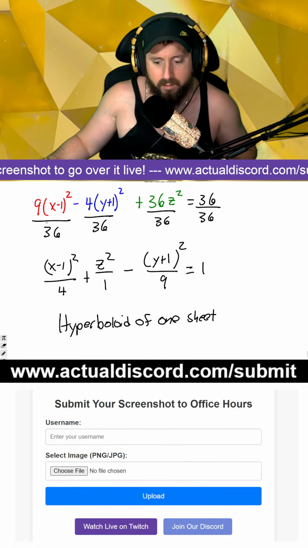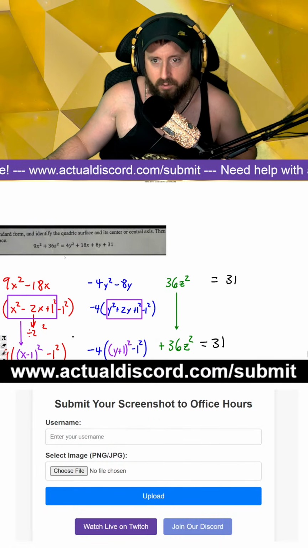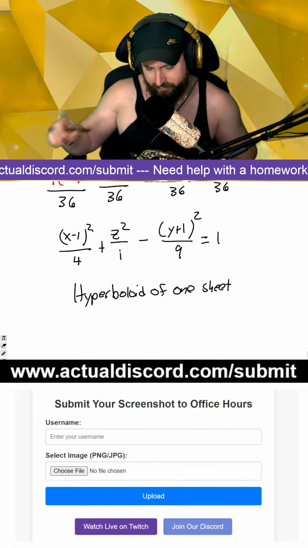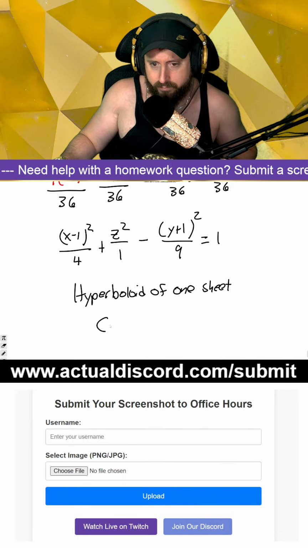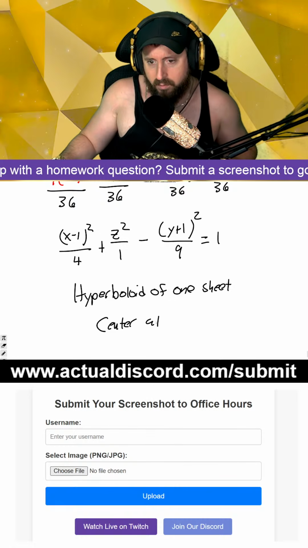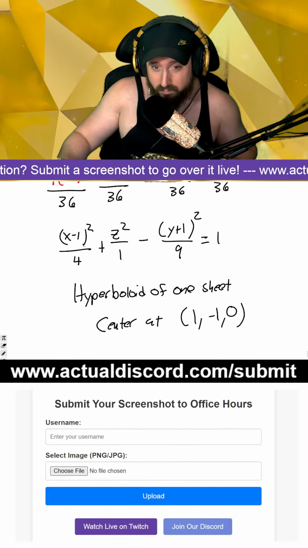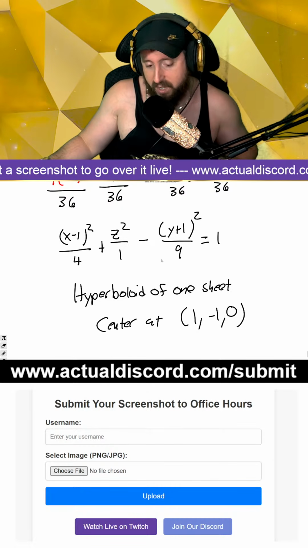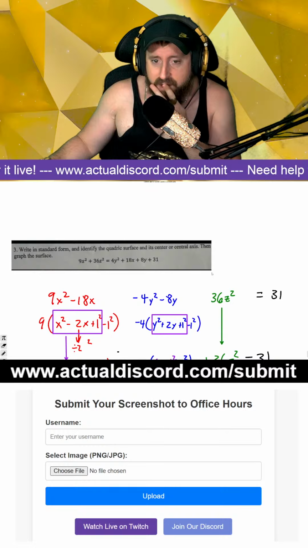And then center or central axis. Okay, so the center, I believe, is at 1 comma minus 1 comma 0, because it's usually like an x minus h, y minus k, whatever thing, right? And then graph the surface.